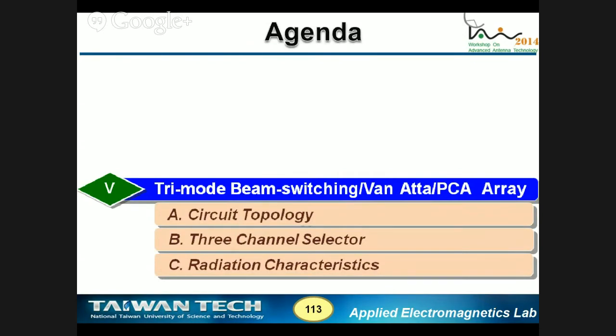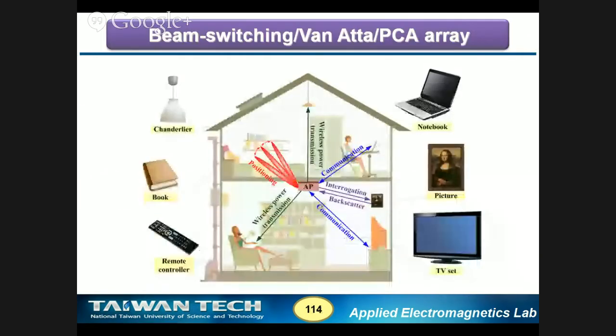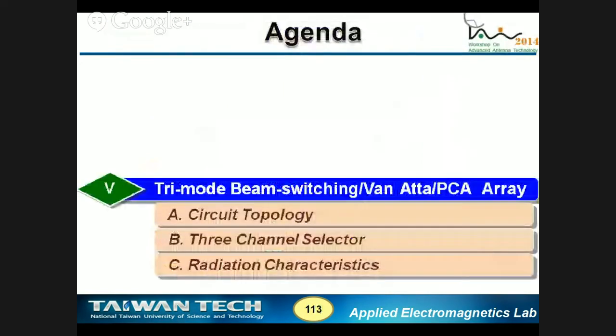And in his mind, once again we see this picture, such an integrated array will eventually be integrated in the IC circuit, and it will be part of an access point. And the access point will be smart.